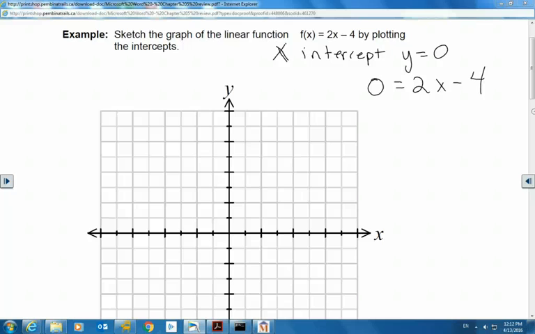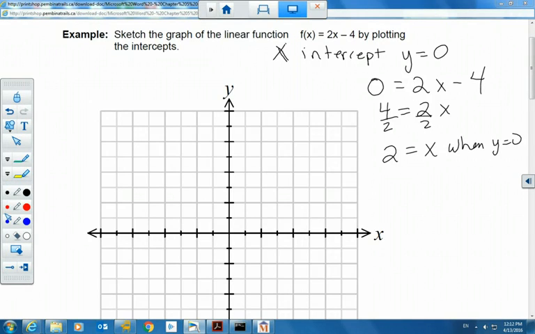Add 4 on both sides, and then divide both sides by 2. So I get 4 equals 2x, and divide by 2, and then 2 is equal to x when y equals 0.